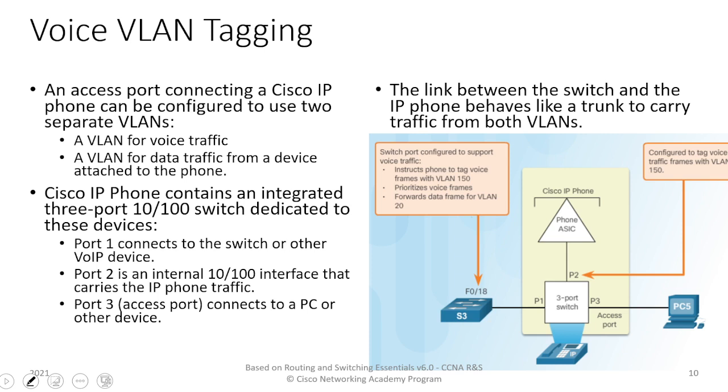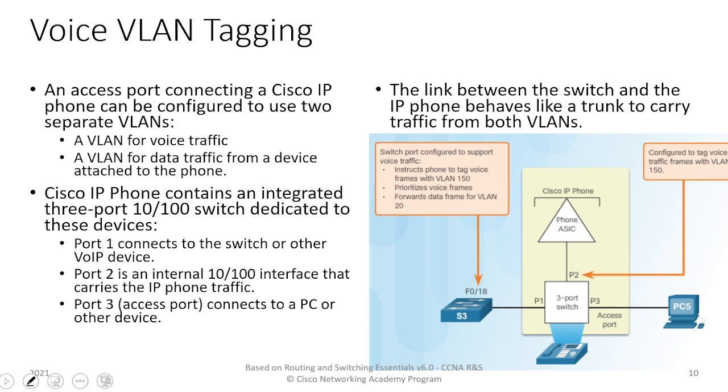The tagging part would essentially happen within the phones themselves. If we have devices that function like that, the phones would function like a switch, and they would do the initial tagging, separating the voice VLAN traffic from the data VLAN traffic.